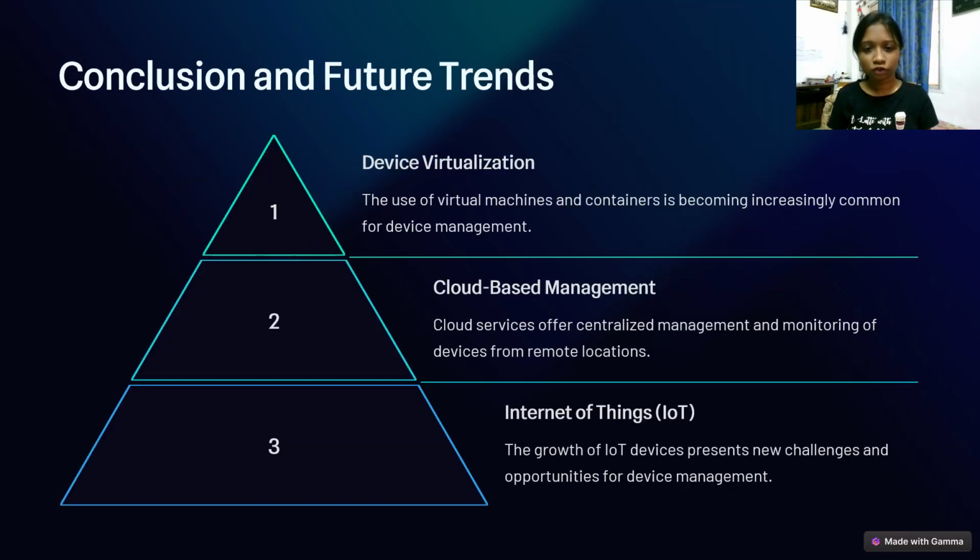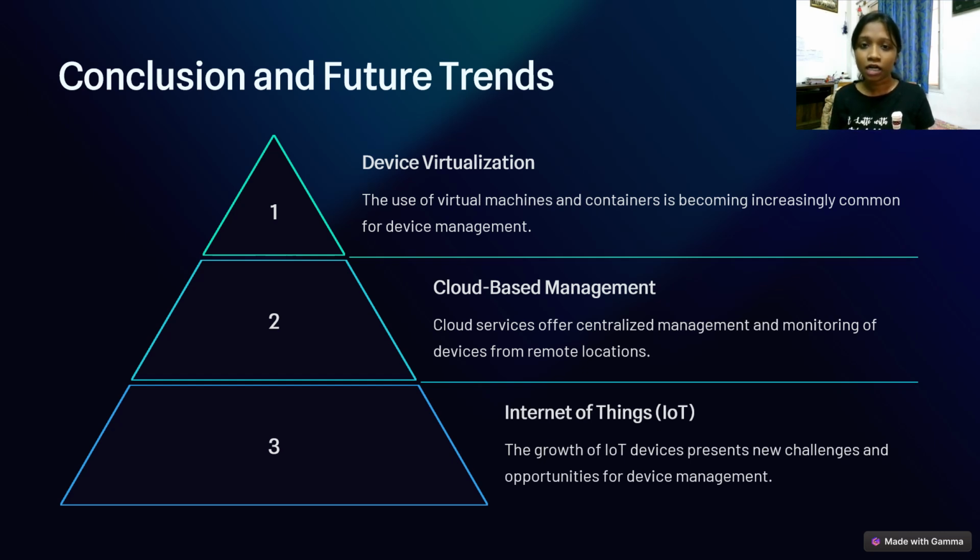So, in conclusion of our topic of managing multiple devices, managing devices efficiently is crucial for smooth computer system performance. Looking to the future, device virtualization will allow running multiple devices on a single system, saving space and resources. Cloud-based management will make it easier to control devices from anywhere using the internet.